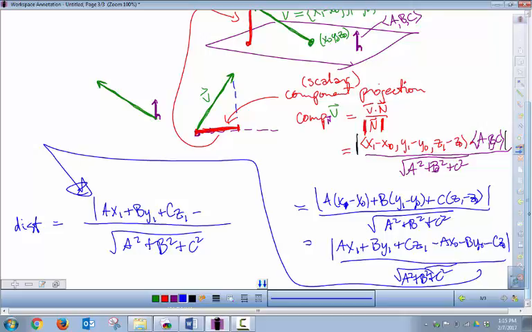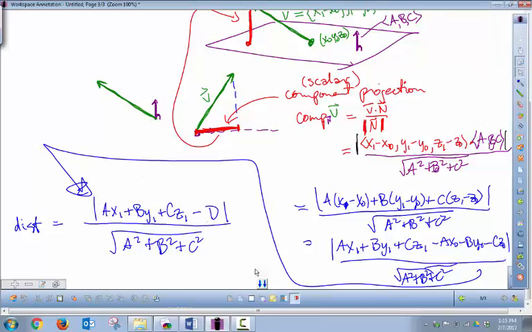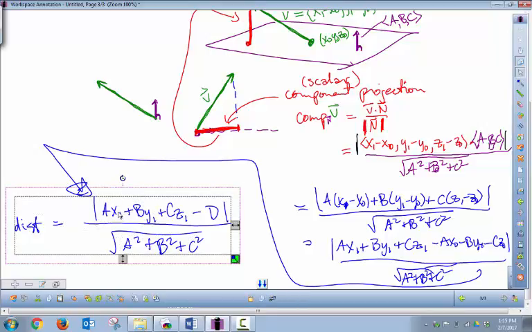What? D. That's the D from our equation of the plane. Okay, this is our equation of the plane.